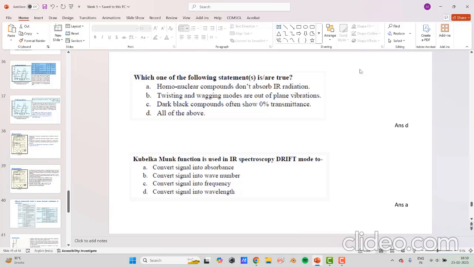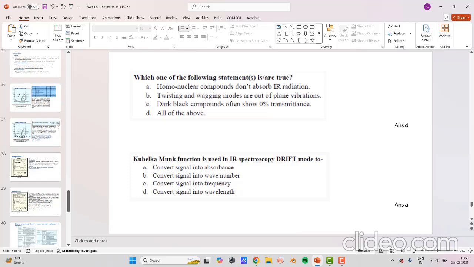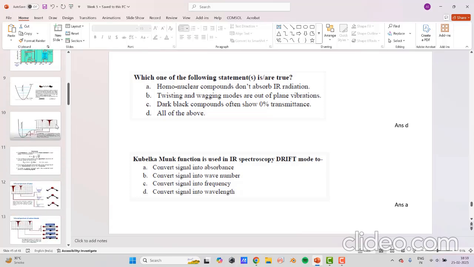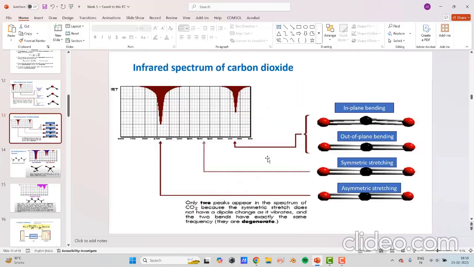And also in the case of CO2, as I've mentioned here, suppose this is carbon and there are two oxygens. If the stretching is equal on both sides, there is no change in the dipole, since both have similar charge. So in that case there is no vibration, so there is no absorption basically.